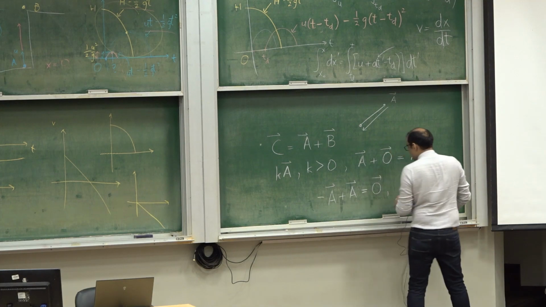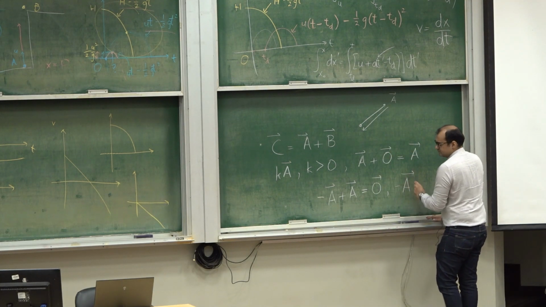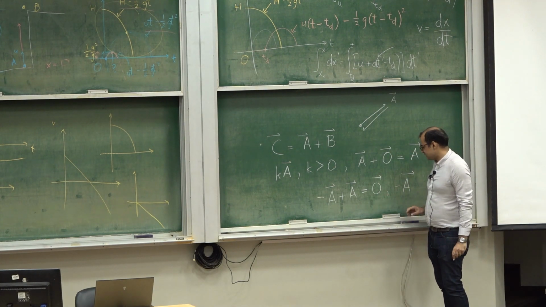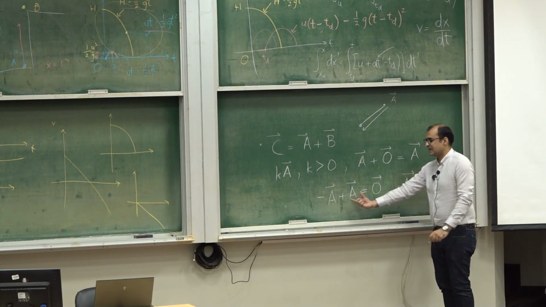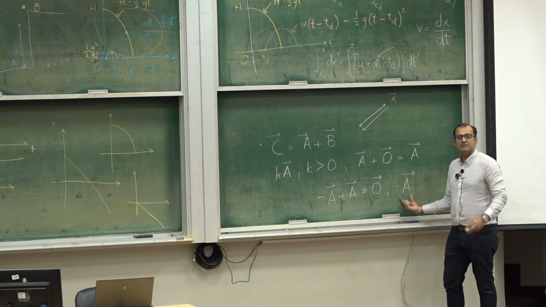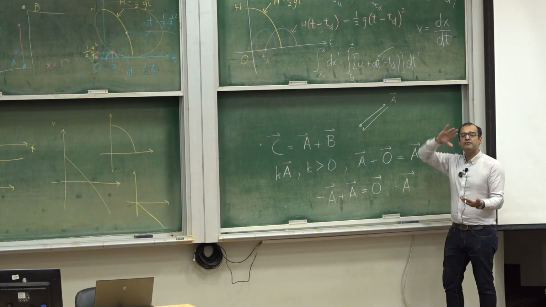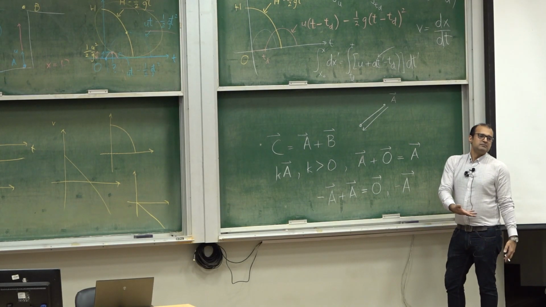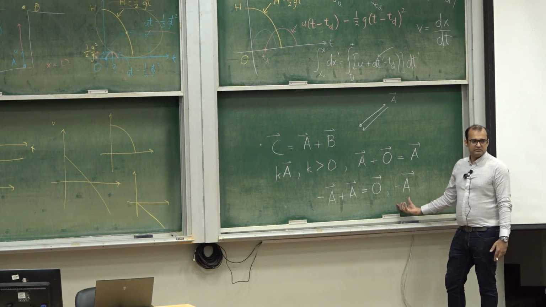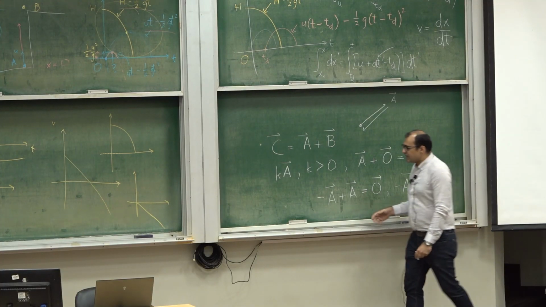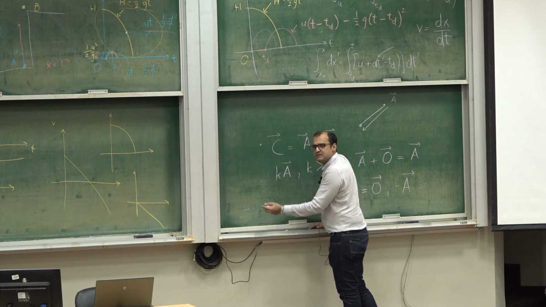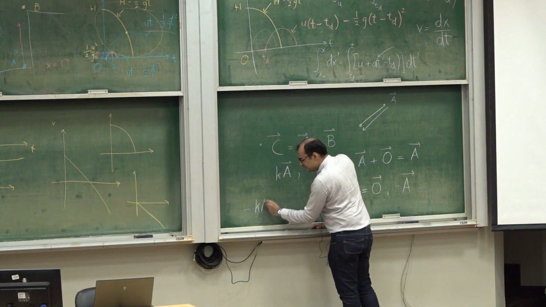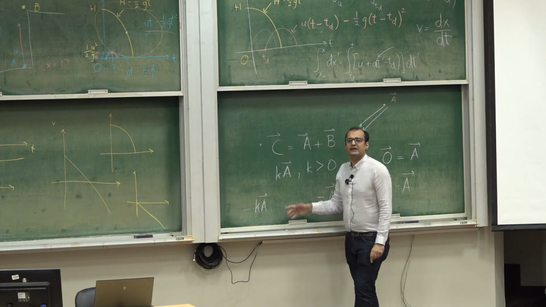So now you understand the meaning of minus A. This defines the zero vector, and this essentially defines minus A. You need to understand how minus A being a flipped vector comes about. And then you can think about what minus k times A is, where k is positive.